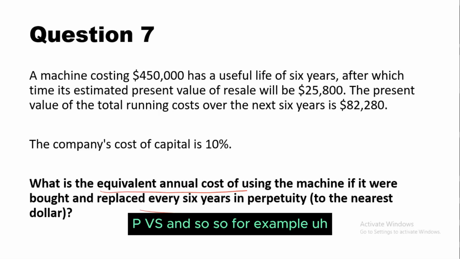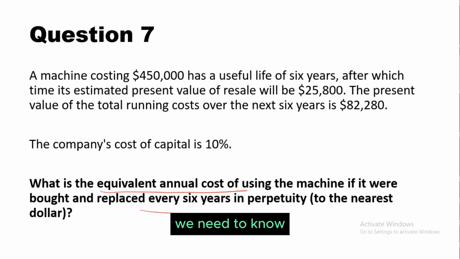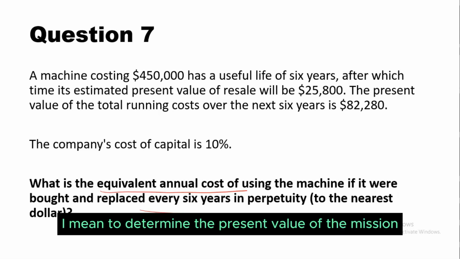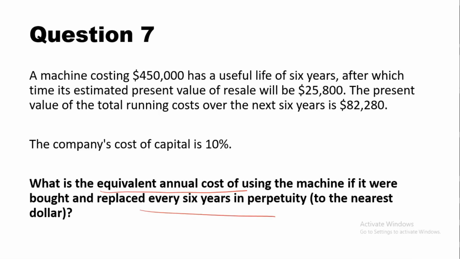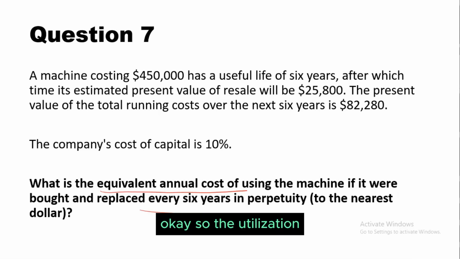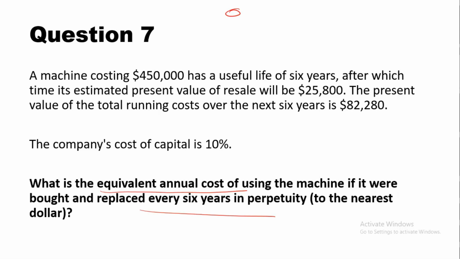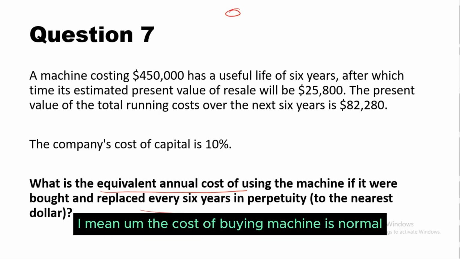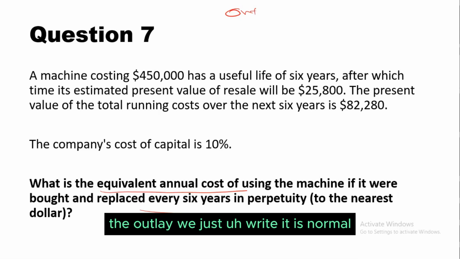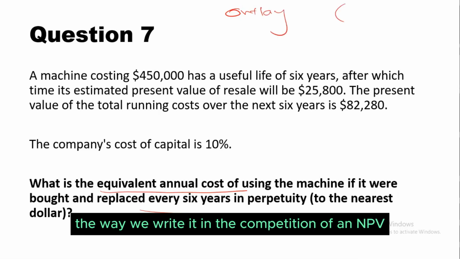So, for example, we need to determine the present value of the machine utilization cost. The cost of buying the machine is normal. The outlay, we just write it the way we write it in the computation of an NPV.